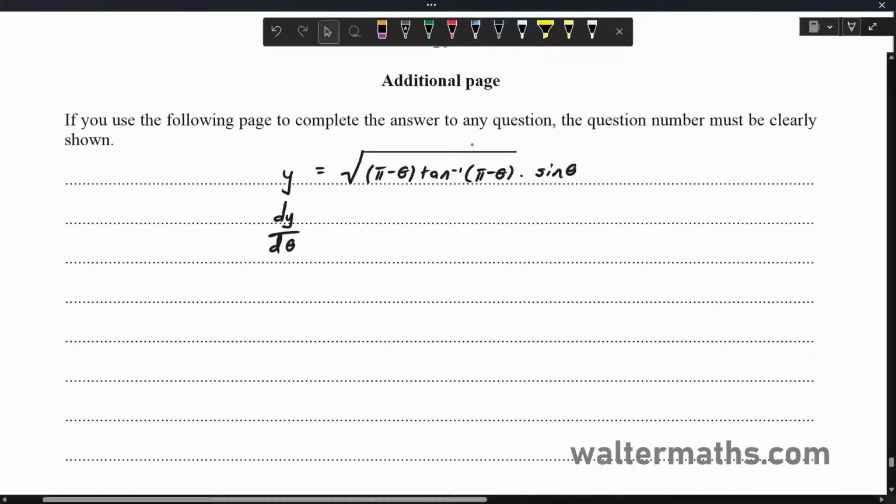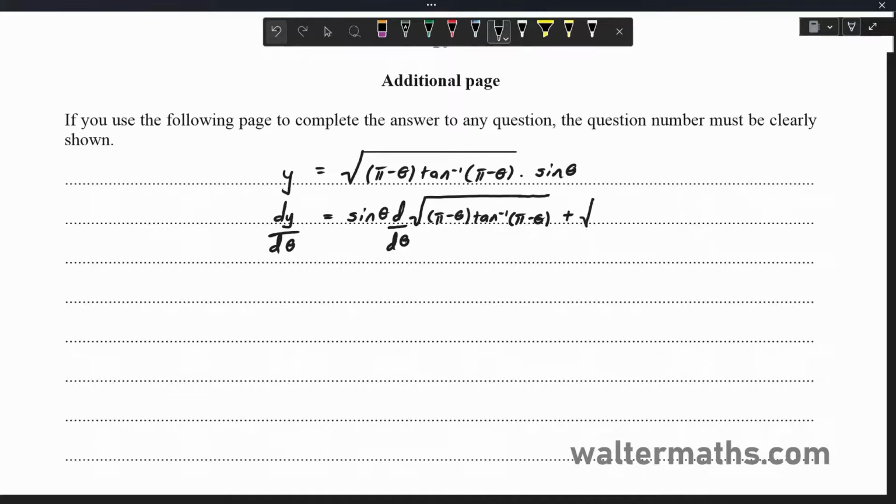And remember, dy by d theta is equal to 0 for the point on C furthest from the initial line, which is going to be sine theta times the derivative with respect to theta of the square root of (pi minus theta) arctan(pi minus theta), plus, we're doing products, remember, the square root of (pi minus theta) arctan(pi minus theta) times the derivative with respect to theta of sine theta.